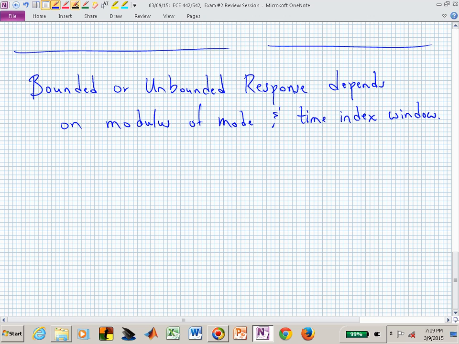For example, if we now said we have non-negative time indices, do you already see the region of convergence associated with this?